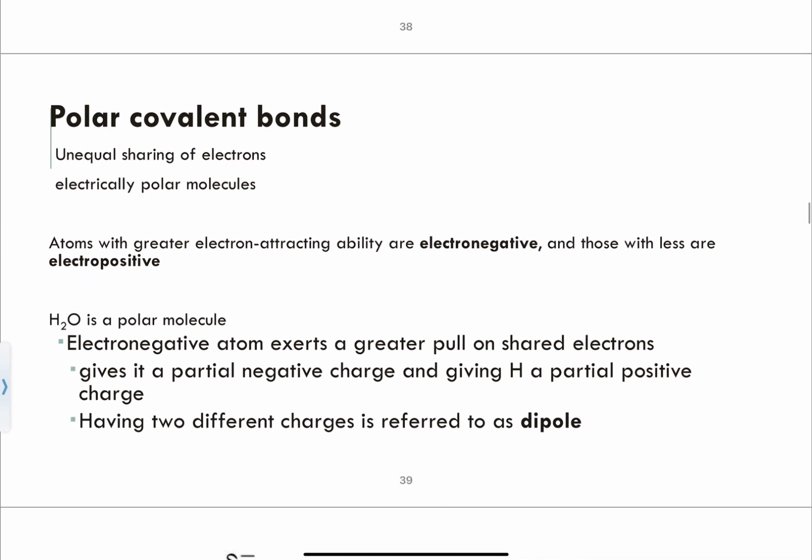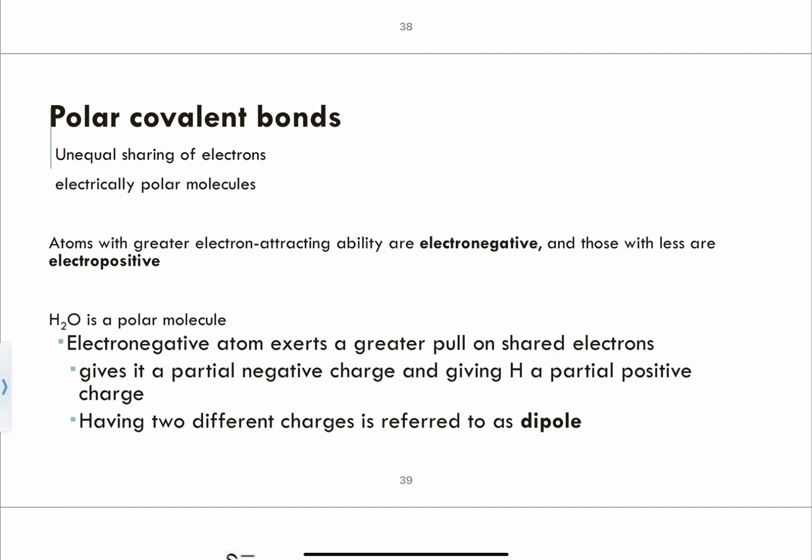Polar covalent bonds are different because the electrons in the bond are not being shared equally. One of the atoms has a greater ability to attract the electrons because it is more electronegative than the other atom, which would be considered electropositive. The more electronegative atom is going to pull harder on those electrons in that covalent bond.